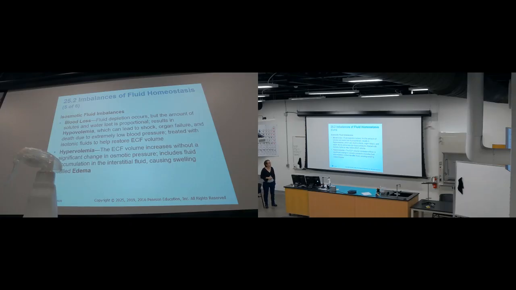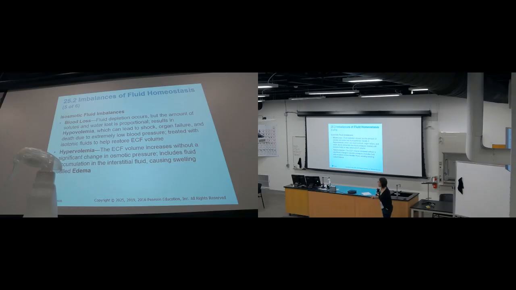Another case of water imbalance is what is called isosmotic fluid imbalance. In isosmotic fluid imbalance, your levels of ions remain the same. So sodium is supposed to be at 145 milliequivalents in the blood, and chloride 117 milliequivalents. Nothing changes. But what can be the causes?